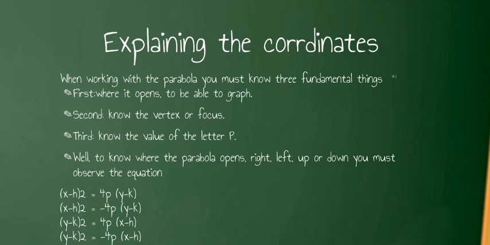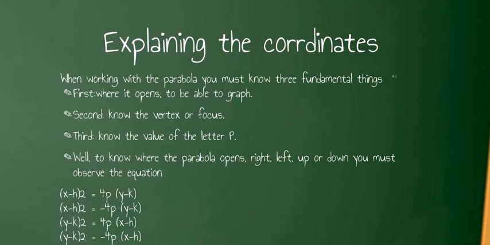Now, how to know if it opens up or down easily, as in (x minus h) squared equals 4p (y minus k). The p of 4p is positive on the y axis. And in (x minus h) squared equals minus 4p (y minus k), the minus 4p is negative on the y axis, so these open down.